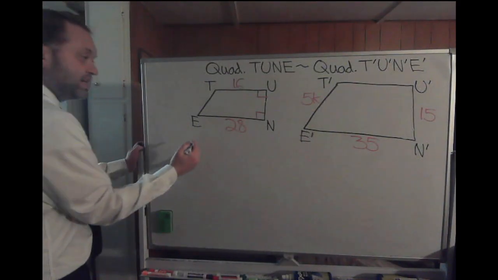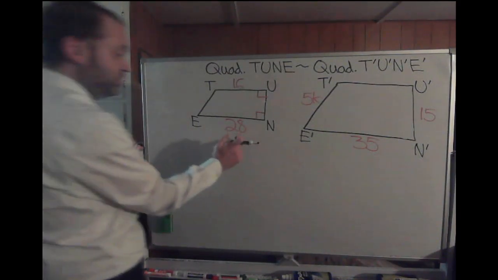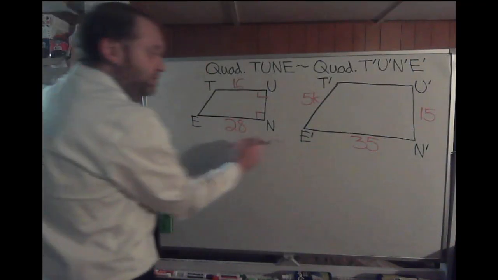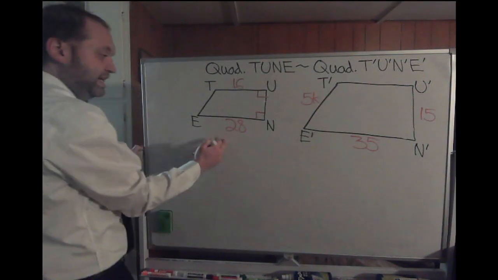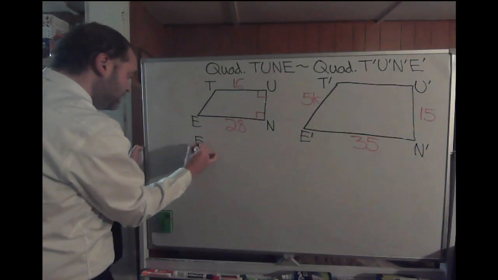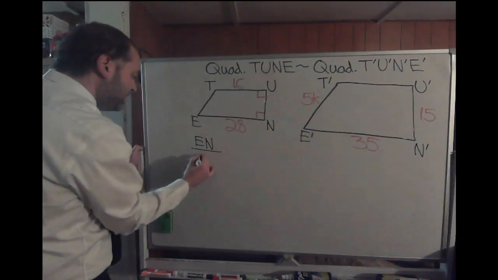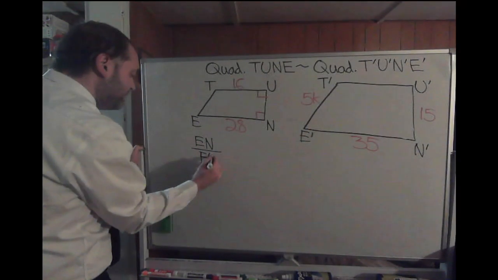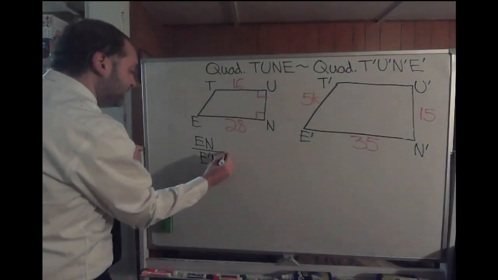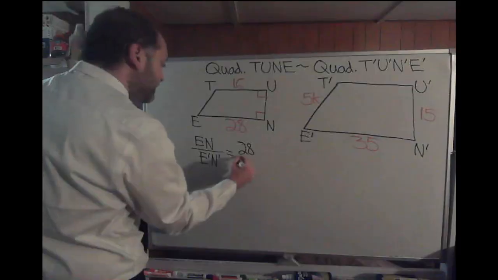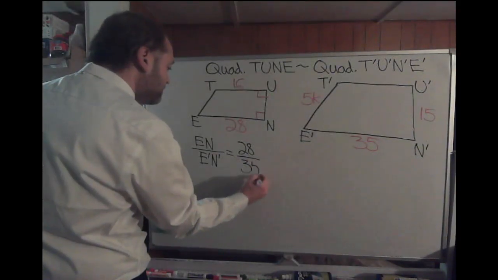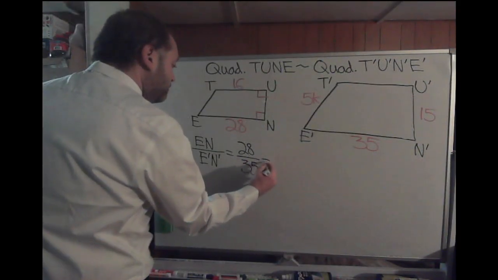So to find your scale factor, we notice two sides have lengths, the corresponding sides between each of these quadrilaterals, EN to EN prime, E prime, N prime, both have lengths, right? So we're going to take that 28 and divide it by 35, which will be what?